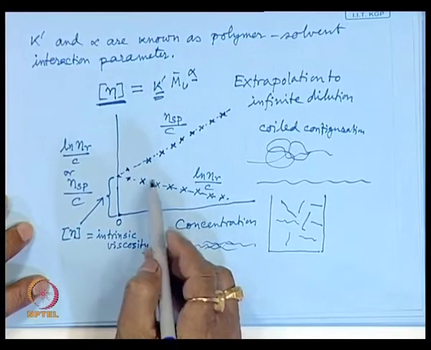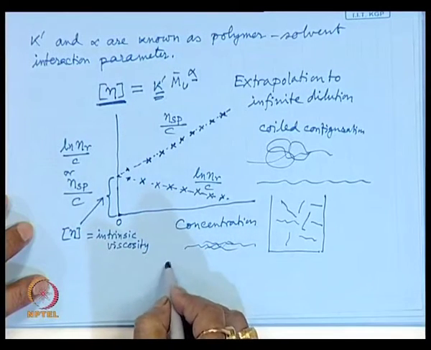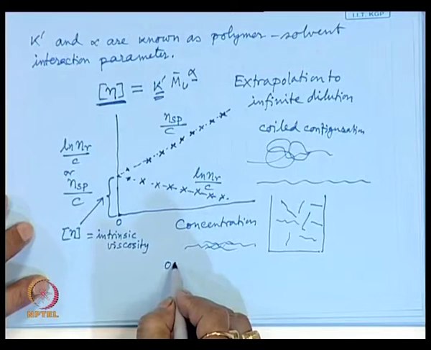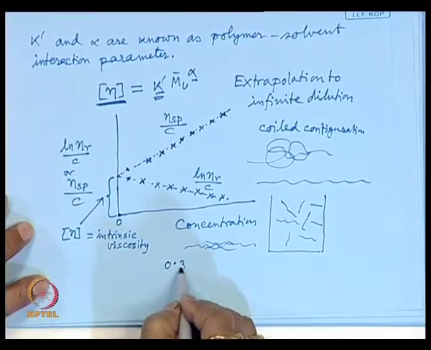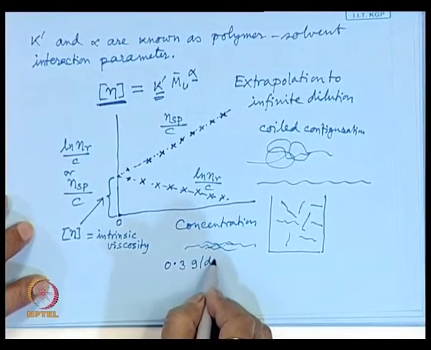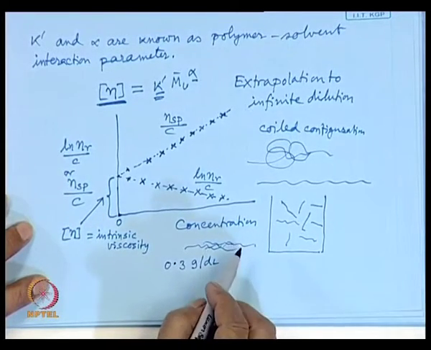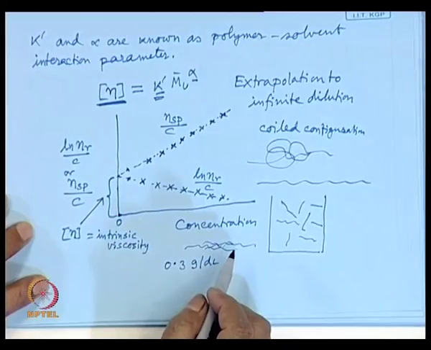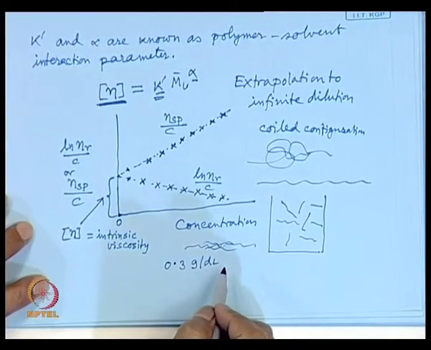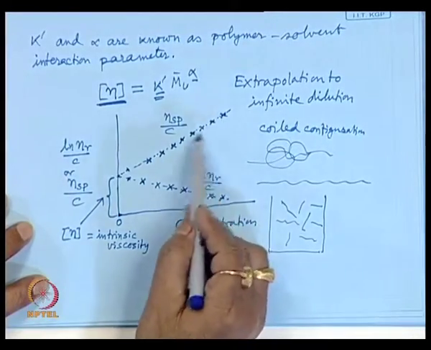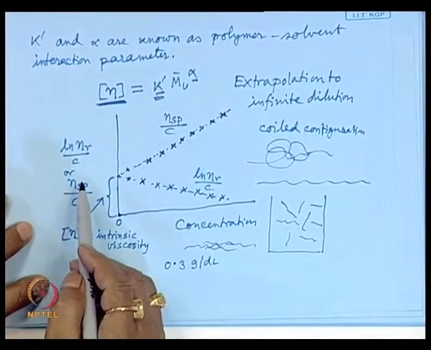So, you have to start with probably 0.3 grams per deciliter and onwards, 0.3, 0.5, 1, 2, 3, 4 grams per deciliter like this, then only you can get this kind of curve.